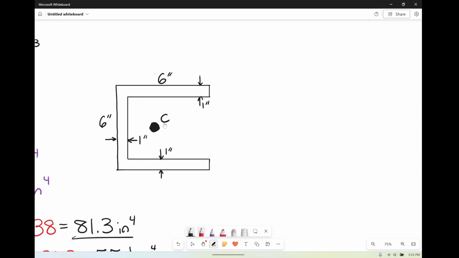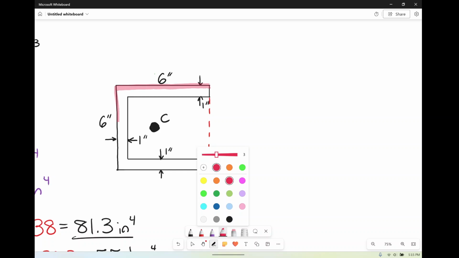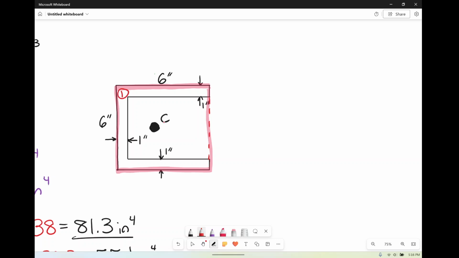How about we pretend that we have one big shape? So I'm going to highlight these. We're going to have our one big shape here in red, and we're going to call that shape number 1. And then we'll do green, I guess, for this shape, and this is shape number 2.